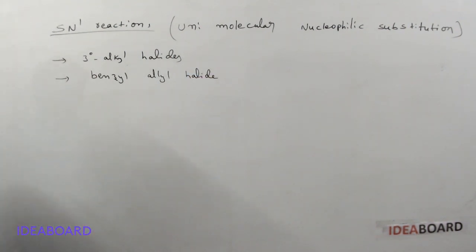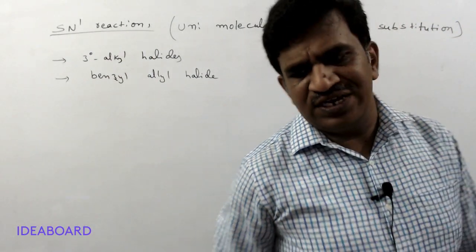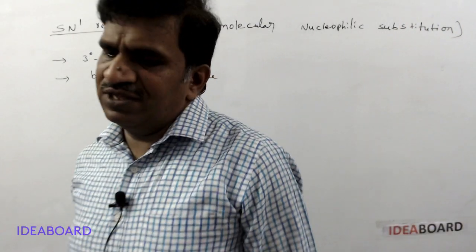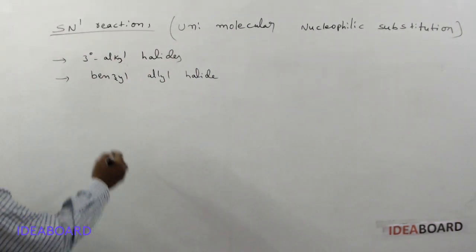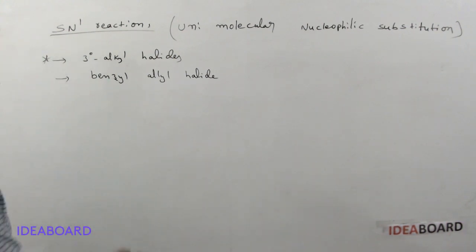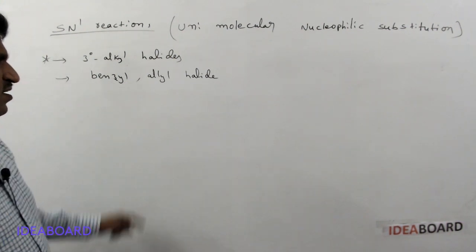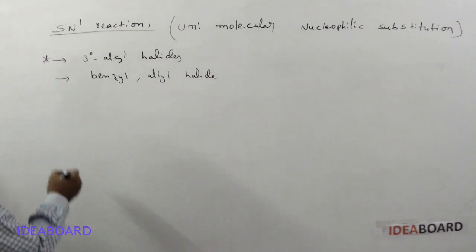What about primary alkyl halides? Generally, primary alkyl halides show SN2 reactions. We will discuss primary alkyl halides and SN2 reaction later. So tertiary alkyl halides mainly show SN1 reaction, along with benzyl and allyl halides.